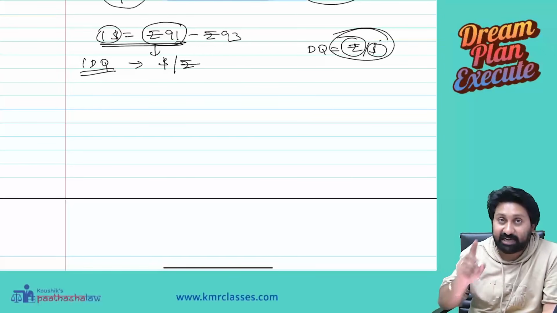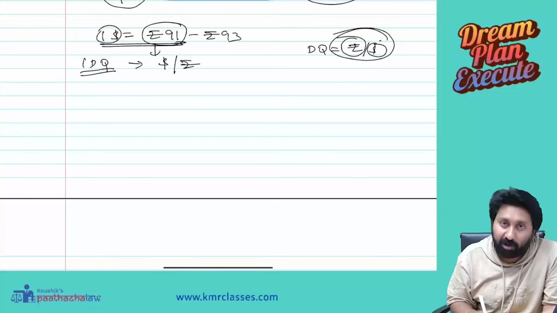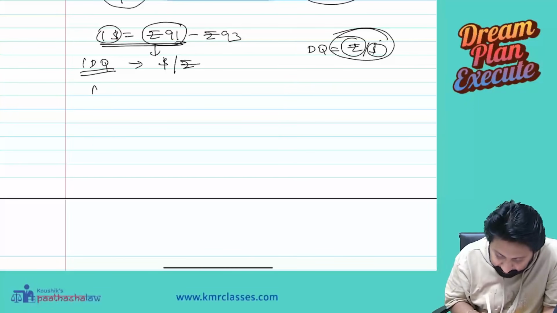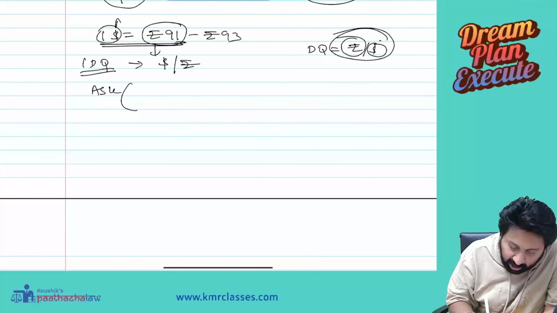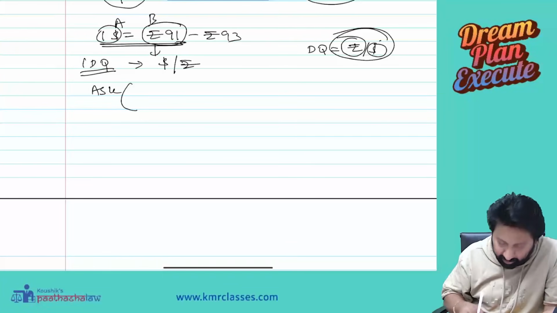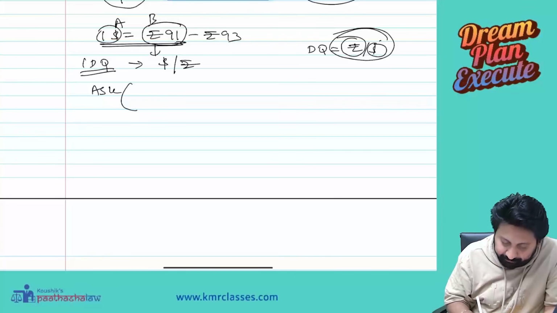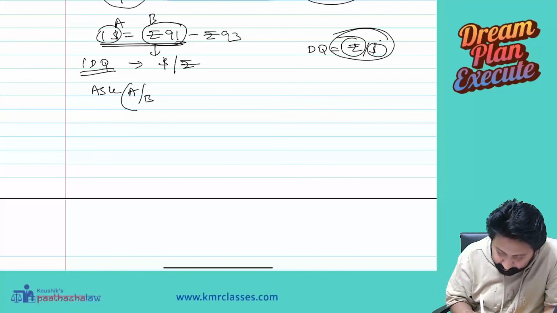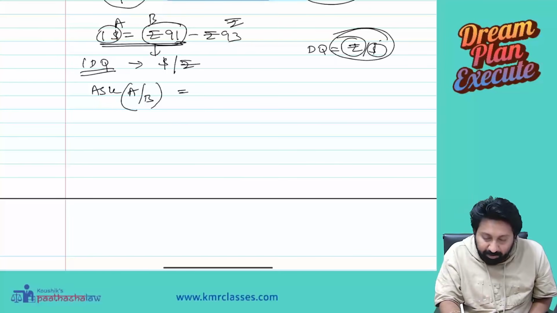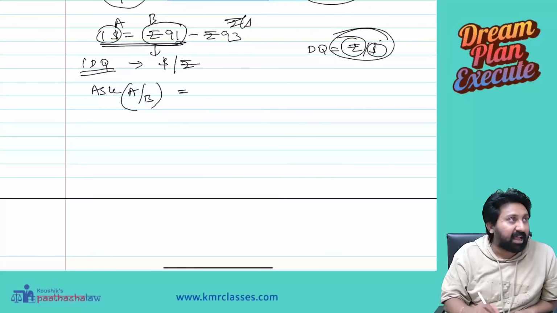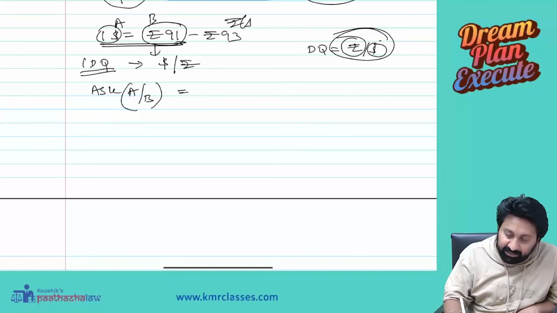But let us understand through a formula also. There is a formula. Let us say dollar is called A, rupee is called B. Ask of A by B equals, originally what is given? Rupee by dollar, B by A. But we want ask of A by B. It's not 93.